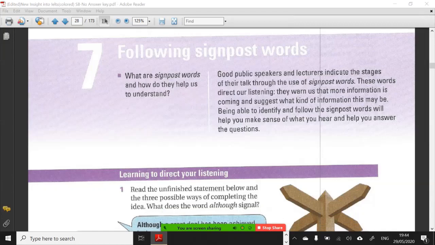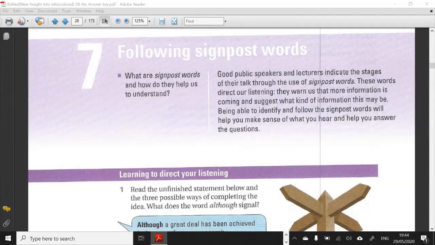So signposts help you to find your location and your destination, and give you an idea of what is approaching and what is going to happen. Same is the case with signpost words.